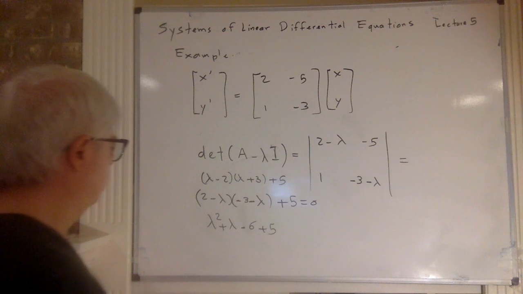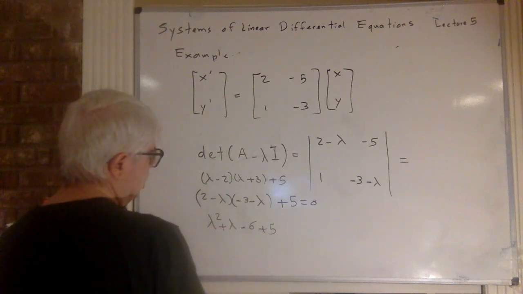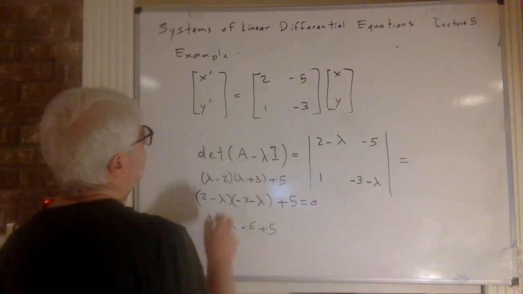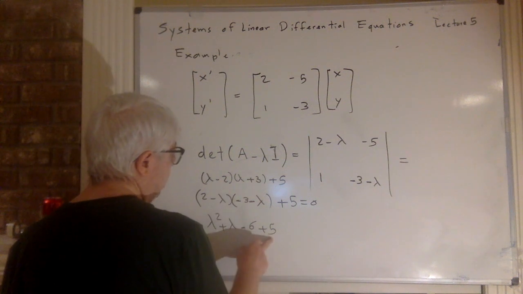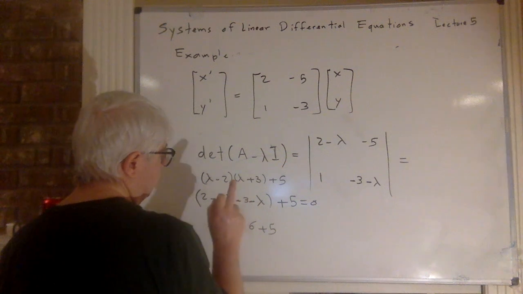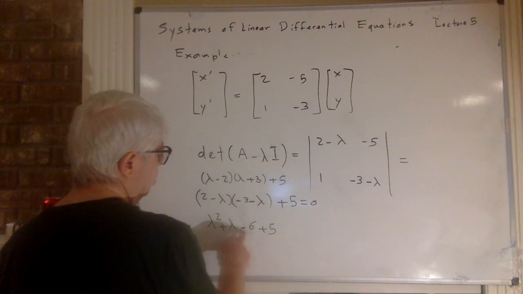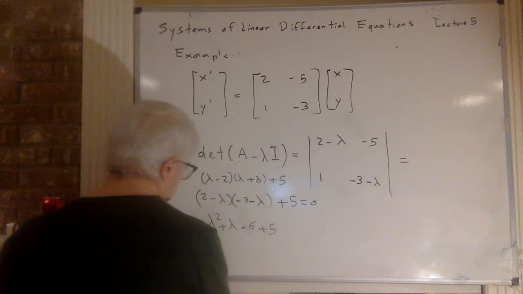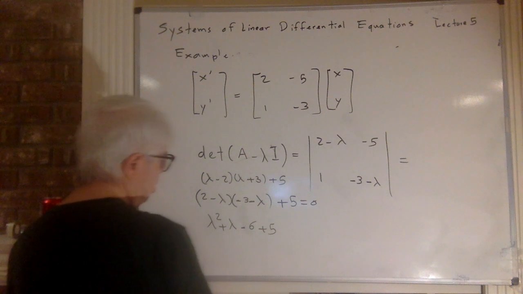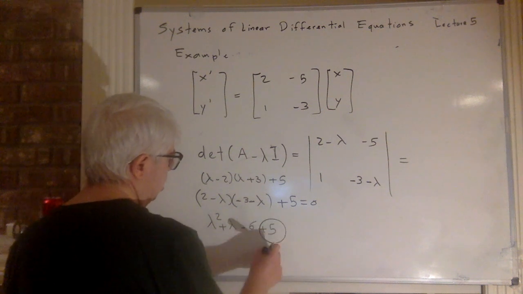I wanted this to be 4. If I have 4, that's 1 minus 5. How can I get 4 here? So if I have 10 here, right? 10 minus 6 is, no, I need 5. So if I have 11 here, right? So I need 11 here.